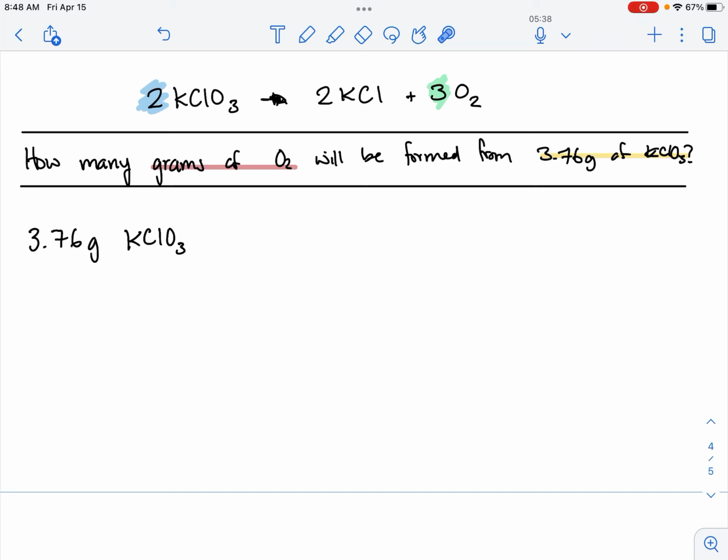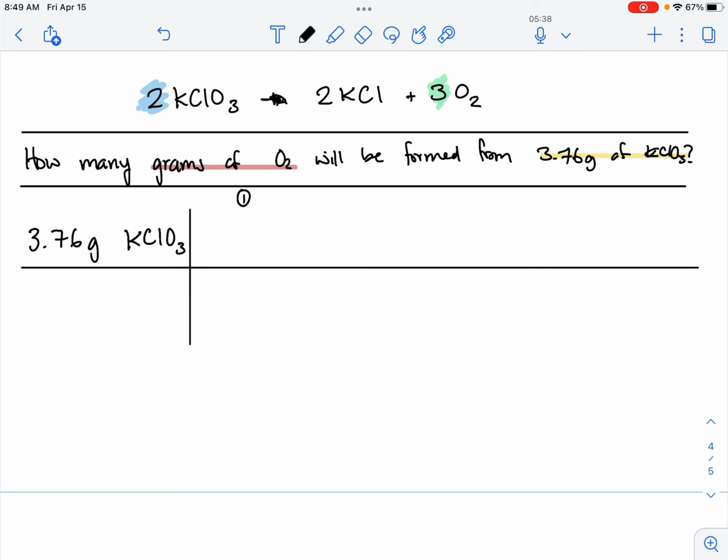So you have to convert grams to moles. In order to do that, I'm going to set up a ratio. In this first step, I'm going from grams to moles.